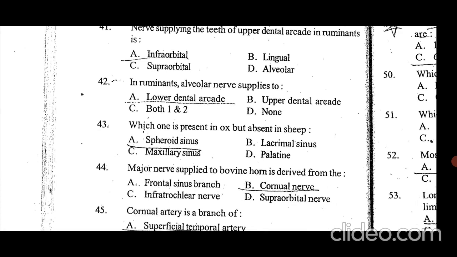Which one is present in ox but absent in sheep? The sphenoid sinus.